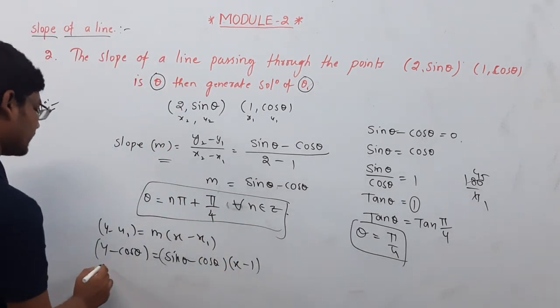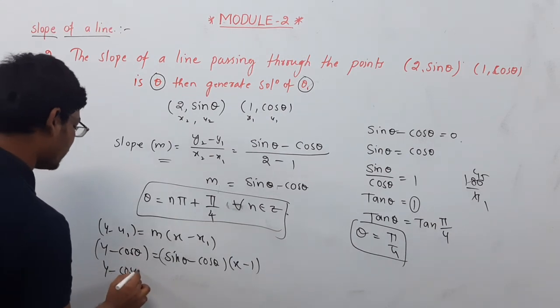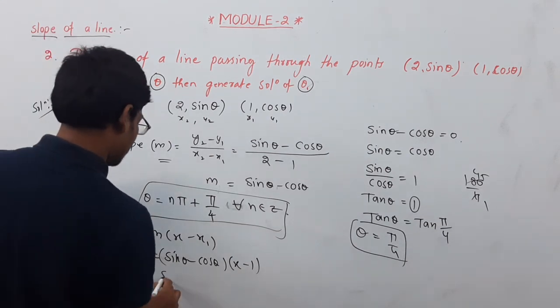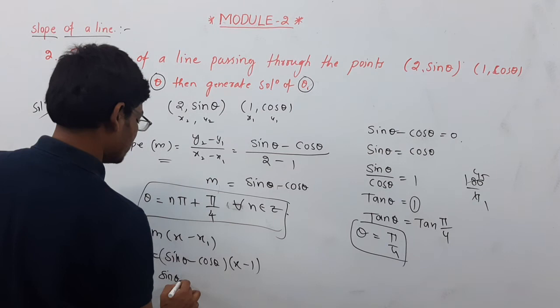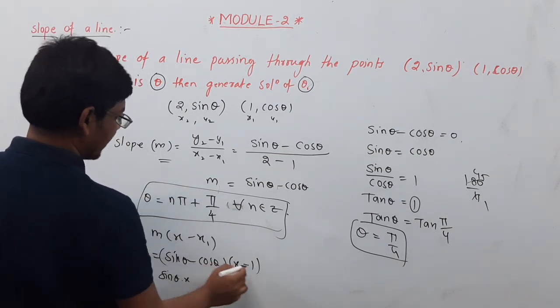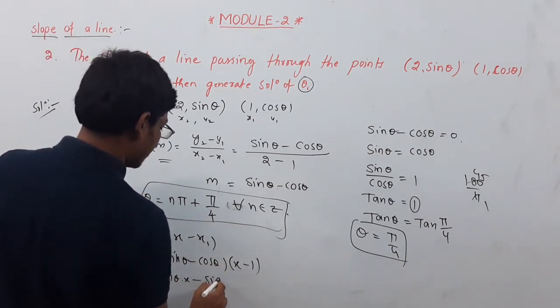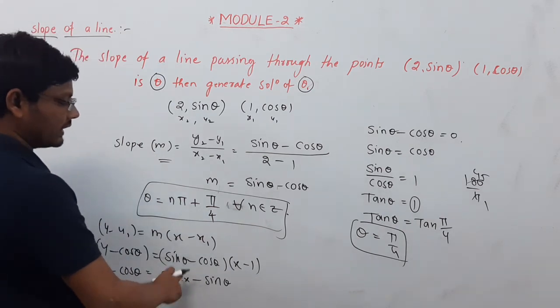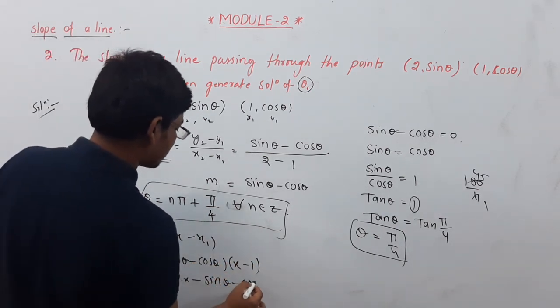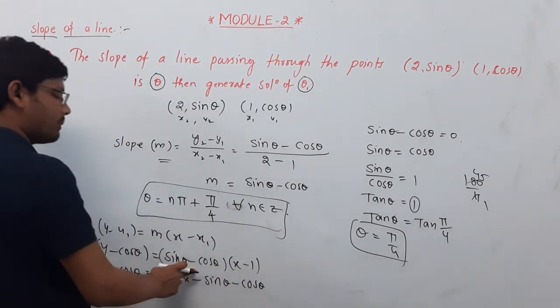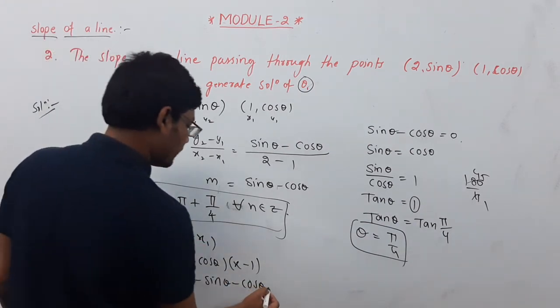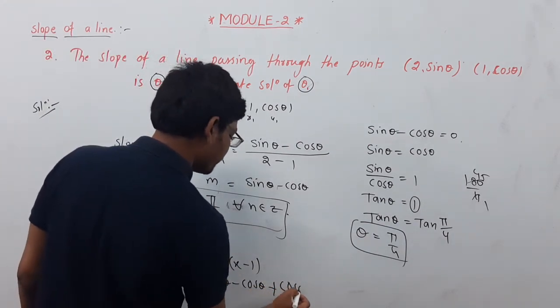So let's multiply the terms here. Y minus cos theta is equal to sin theta into x, sin theta into minus 1 gives minus sin theta, minus cos theta into x gives minus cos theta x, and minus cos theta into minus 1 will become positive cos theta.